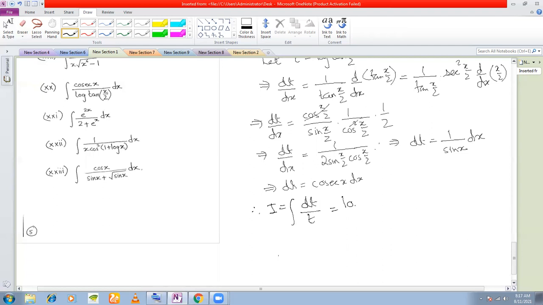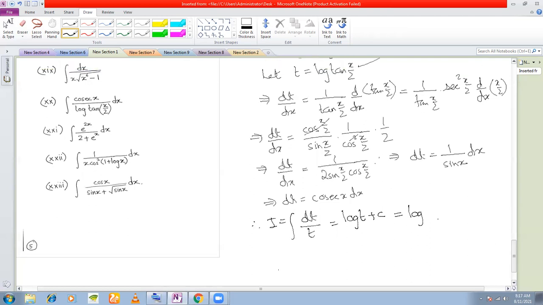So this is equal to log t plus c, which is equal to, pull back the value of log. We have taken t as log tan x by 2. So your answer is log tan x by 2 plus c.